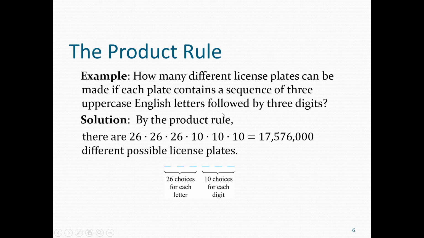The next 3 spaces must be filled by digits, and we have 10 choices for each of these spaces. So 26 multiplied by 26 multiplied by 26 multiplied by 10 multiplied by 10 multiplied by 10 is the total number of ways to make distinct license plates.